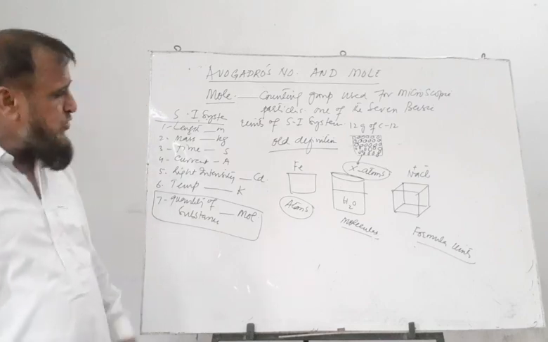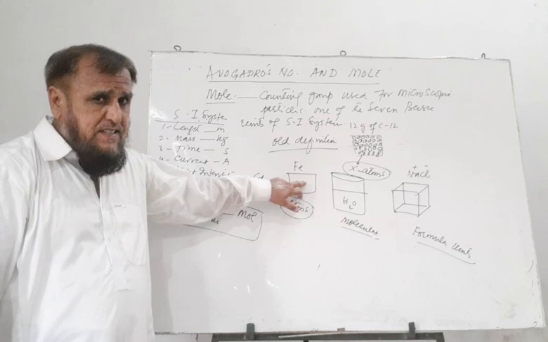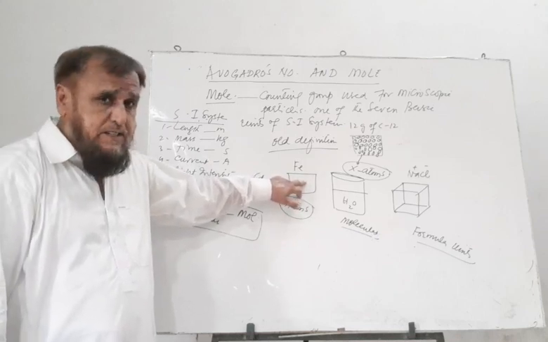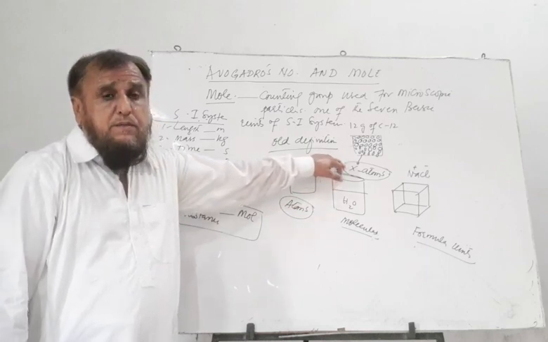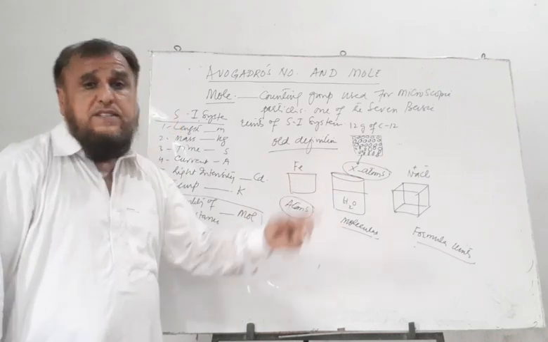According to the old definition, the amount of a substance which contains as many elementary particles as there are atoms in 12 grams of carbon 12 is considered 1 mole of that substance.